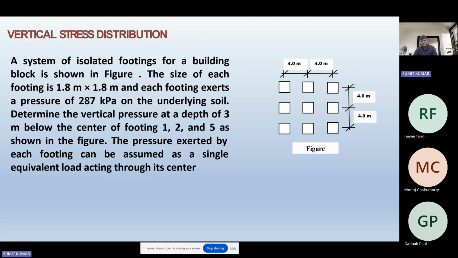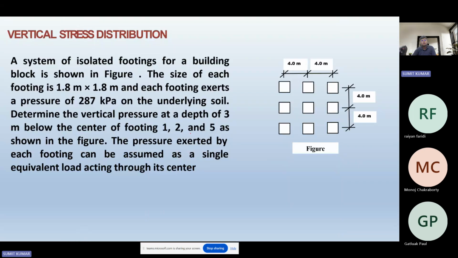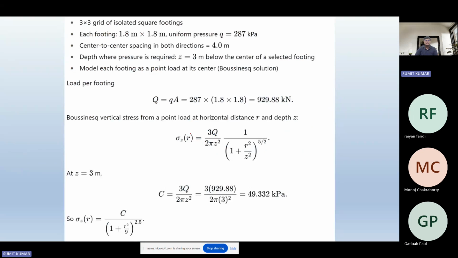Okay, so over here you can see that the 4 meter center to center spacing is there, and 3 into 3 cross section is there, and 287 kPa pressure is applied. So over here you can see the grid of soil is 3 into 3, and the footing size is 1.8 meter into 1.8 meter, with the uniform pressure of 287 kPa.